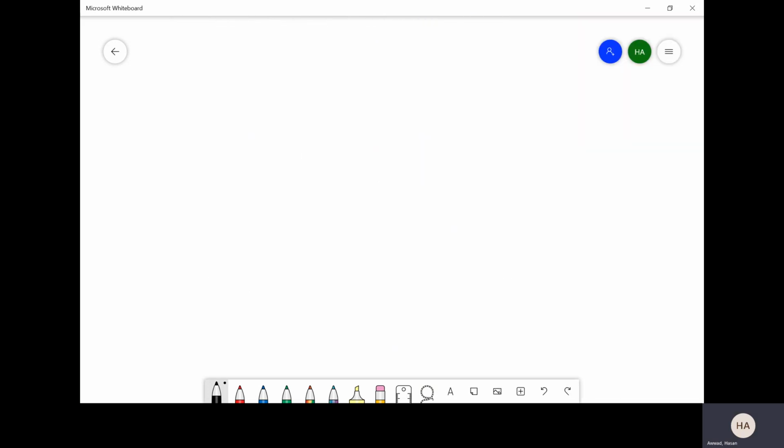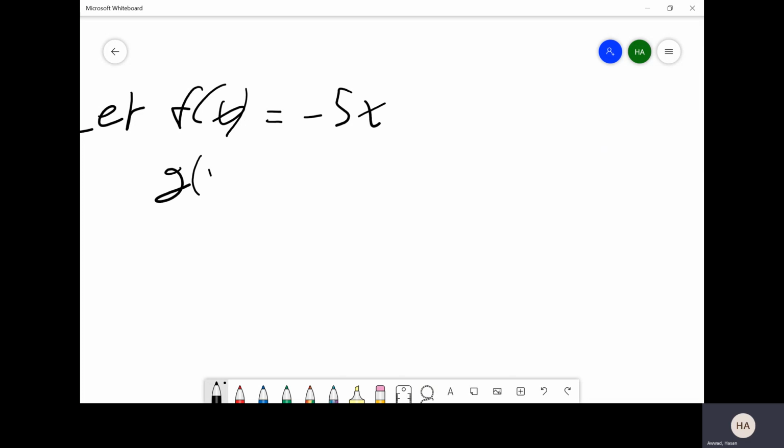Okay, so let's work on an example together here. Let me scroll back up. Let f of x equal negative 5x, and let g of x equal x squared minus 3. So we have two different functions. We want to find two things, and the last thing we're going to find is your second classwork assignment.